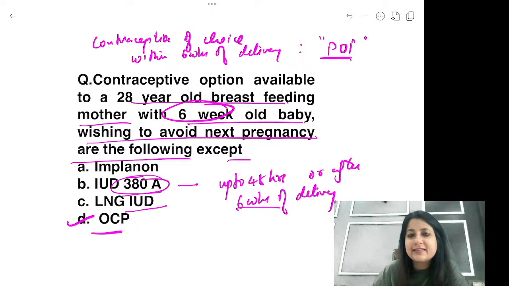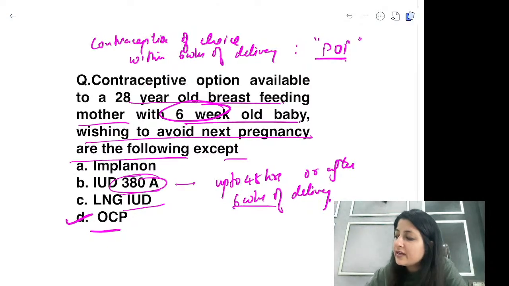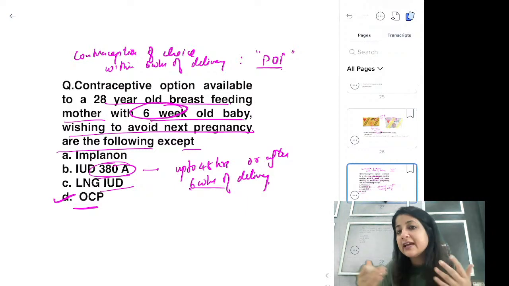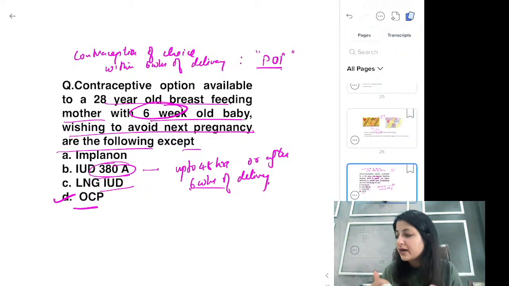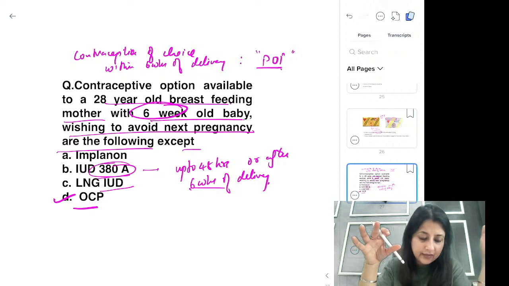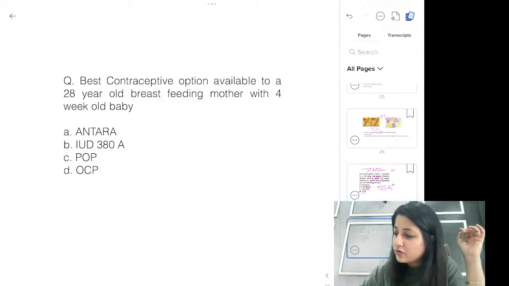Now she already has 6 weeks, so that has crossed. Earlier we used to say it can be inserted after 48 hours, within 1 week also, as postpartum IUCD. But now we say it should be inserted either within 48 hours or after 6 weeks of delivery. Got it? So progesterone only pill.